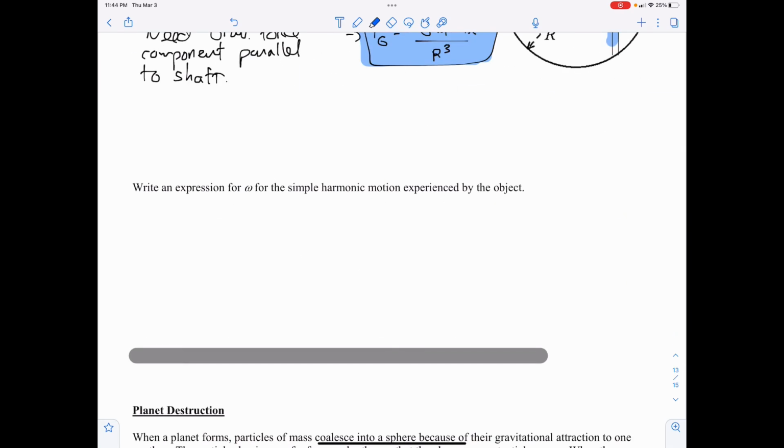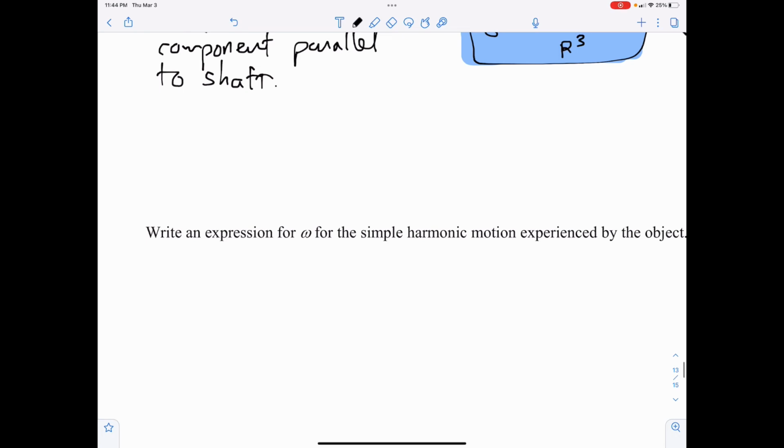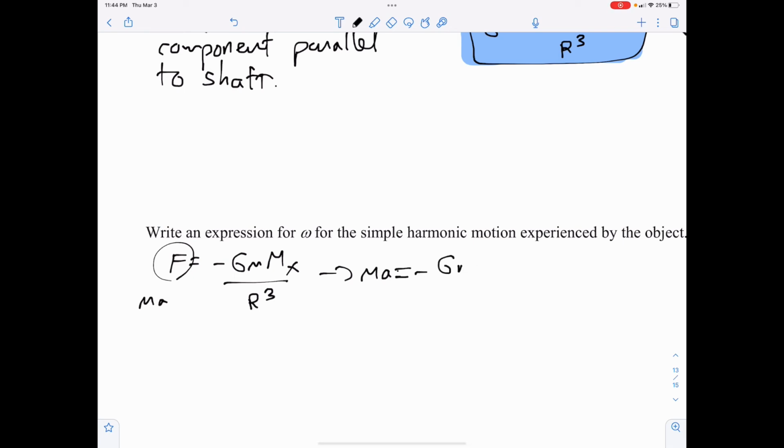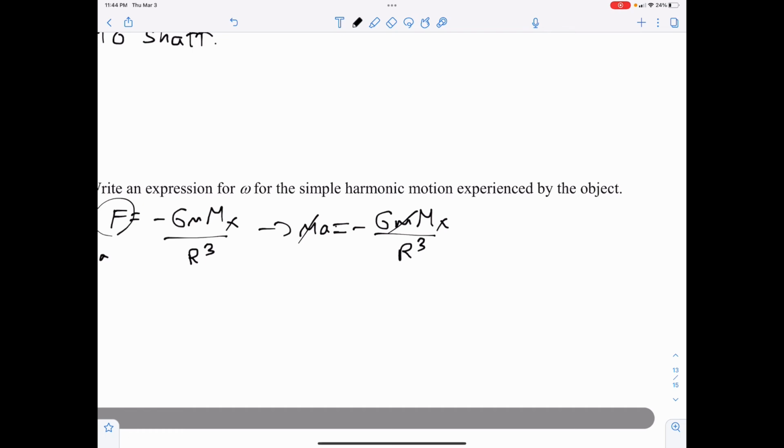Write an expression for omega for the simple harmonic motion exerted by the object. So F is equal to negative big G little m, big M, x over r cubed. Okay, and again, you're going to replace this with MA. And that's equal to negative big G little m, big M, x over r cubed, little m cancels. And again, what do we know?